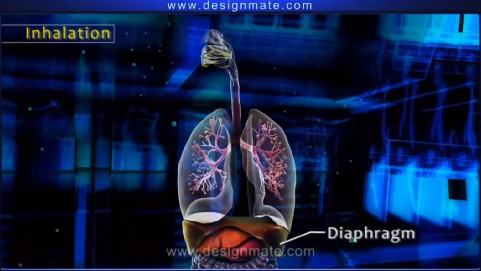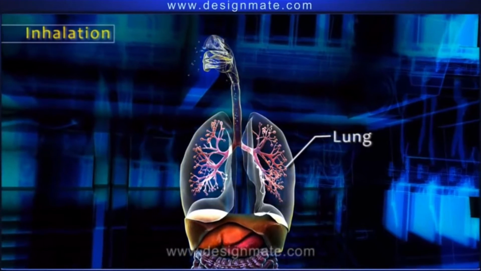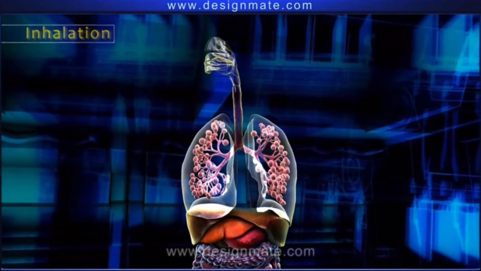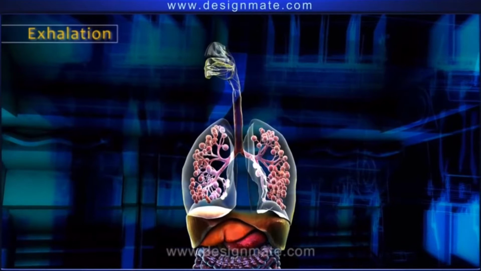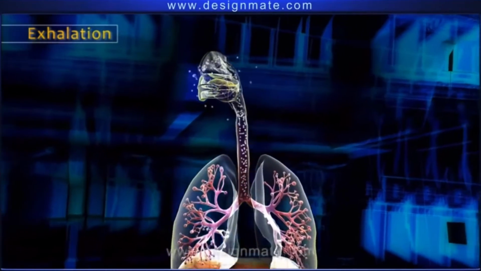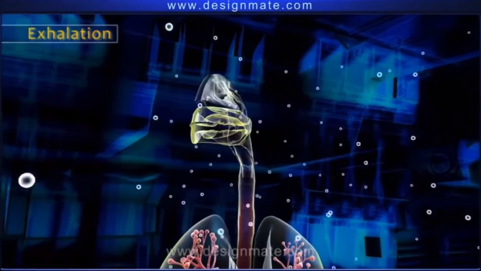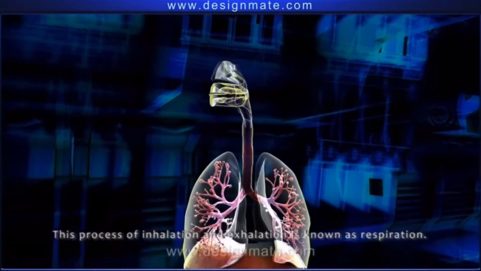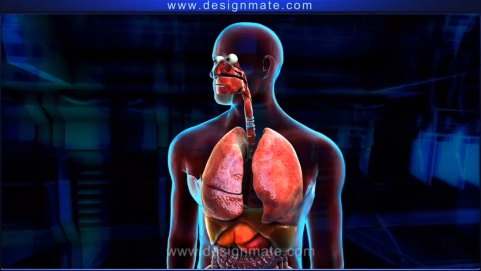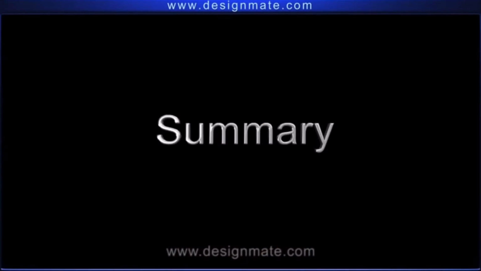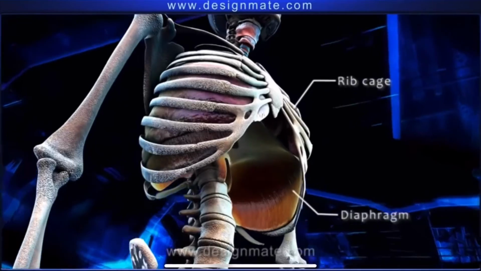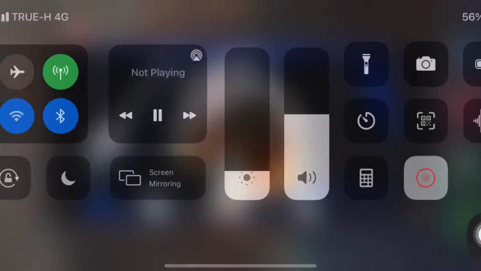After the contraction of the muscular diaphragm, the lungs expand and the air rushes in, resulting in the inflation of alveoli. During exhalation, the diaphragm moves up and the lungs contract. Thus, the alveoli deflate, causing the air to be forced out. This exhaled air is rich in carbon dioxide. This process of inhalation and exhalation is known as respiration, which is approximately 20 times per minute. Summary: in the thorax region, the rib cage and the diaphragm are observed, which play a vital role in respiration.